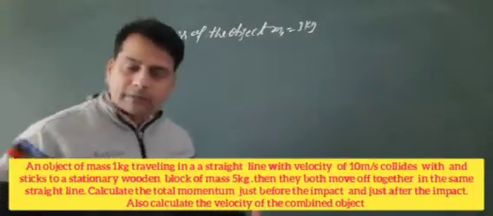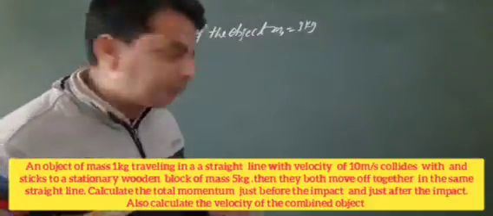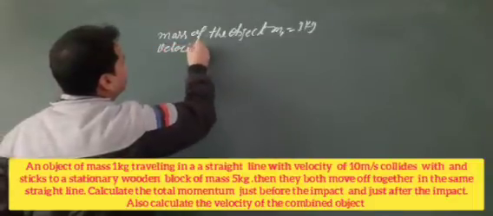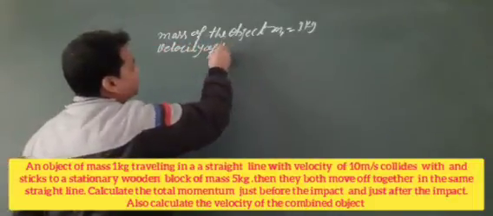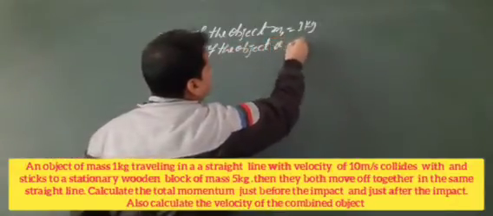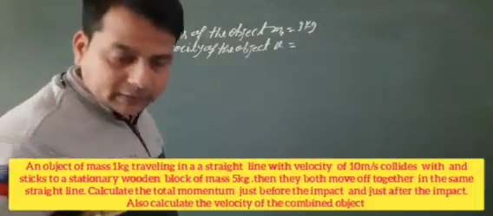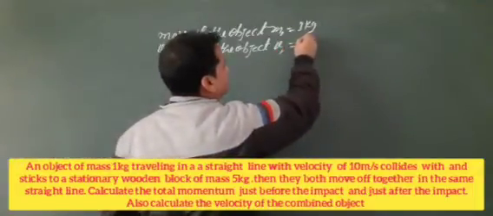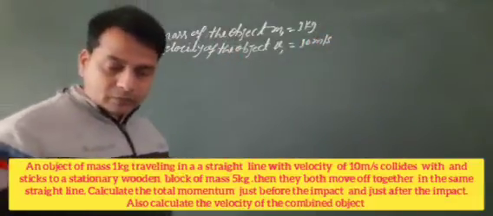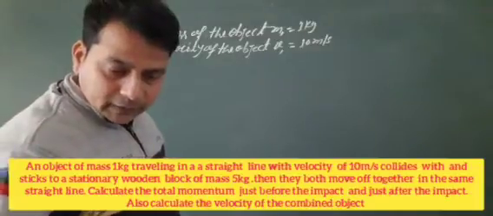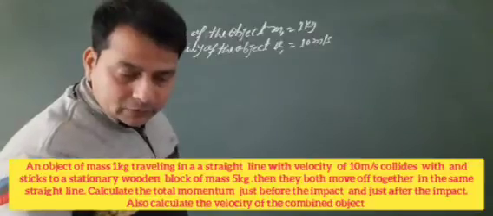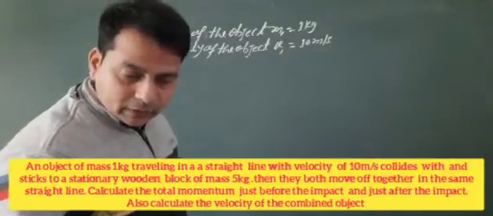So velocity of the object is given here, V1, 10 meter per second. It collides with and sticks to a stationary wooden block of mass 5 kg.